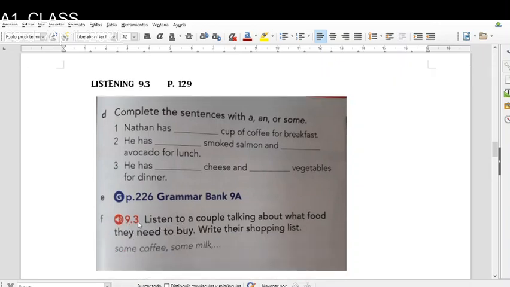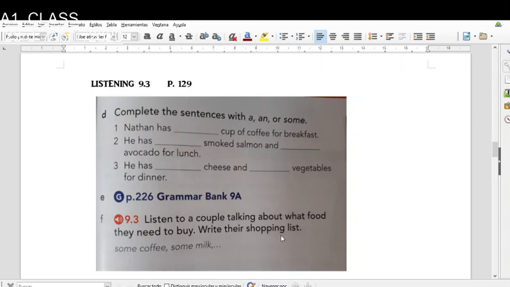Page 129, you have exercise F, 9.3. And it says, listen to a couple talking about what food they need to buy. Write their shopping list. When they are a couple, son una pareja, una parella parlant, quin menjar fa falta anar a comprar. Then you are going to listen to the conversation, escucháis la conversación, and you write their shopping list.